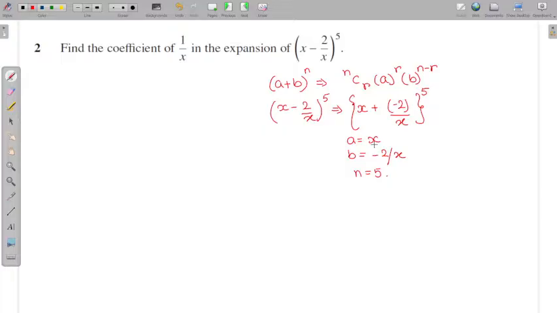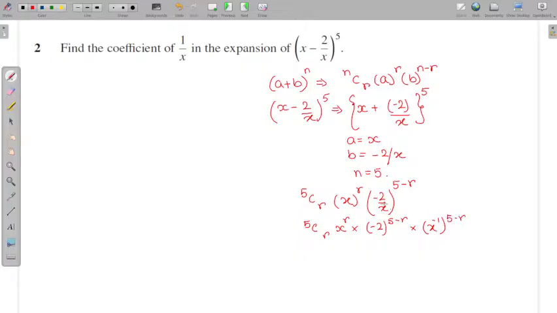So if we apply the nCr formula now, this is going to be 5Cr x to the power of r and minus 2 by x whole to the power of 5 minus r. So we can break this even more. So this will be 5Cr x to the power r into minus 2 to the power 5 minus r into x to the power minus 1 to the power 5 minus r.